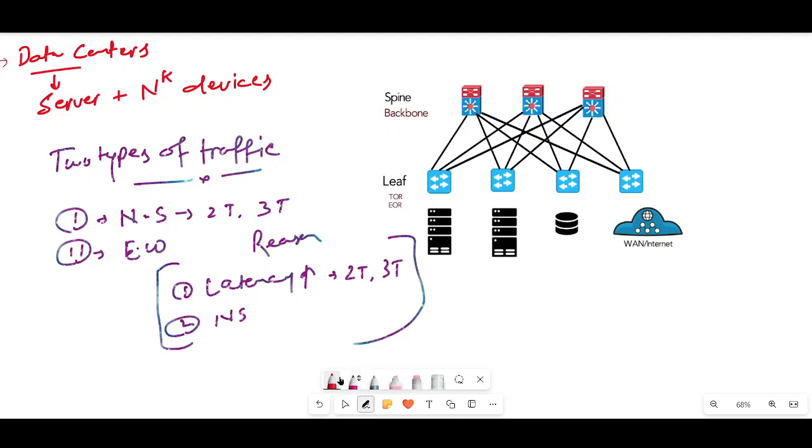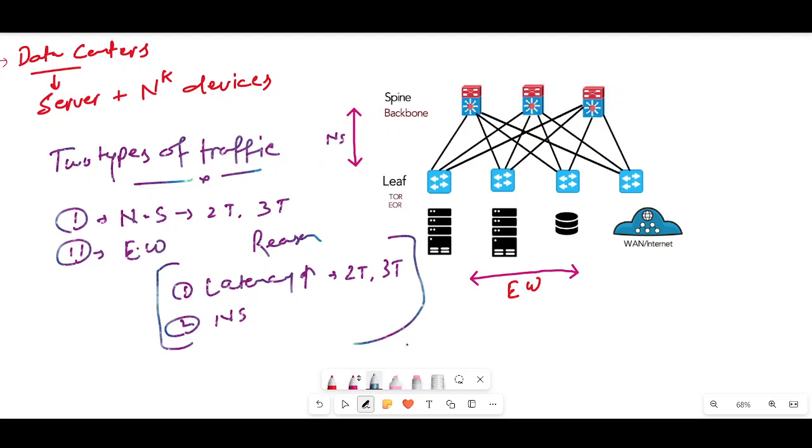Clear? Here, this is a trick for east and west. East-west traffic, and this one is north-south traffic. Clear?